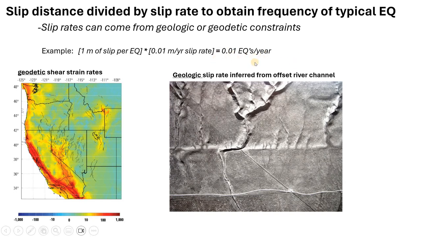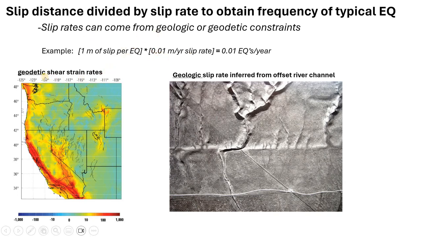So we actually get that frequency. Essentially, we're assuming that once we build up a slip deficit of 1 meter, the earthquake's going to occur and release that amount of slip. If we know the slip rate, we can see that it takes essentially 100 years to build up that amount of slip.